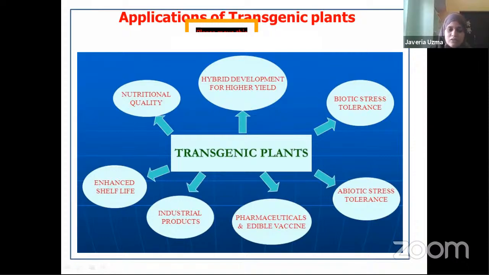Other medicinally important pharmaceutical products can also be produced using transgenic plants. And one more important trait is you can enhance the shelf life of plants using transgenic technology. These are the different applications of transgenic plants.